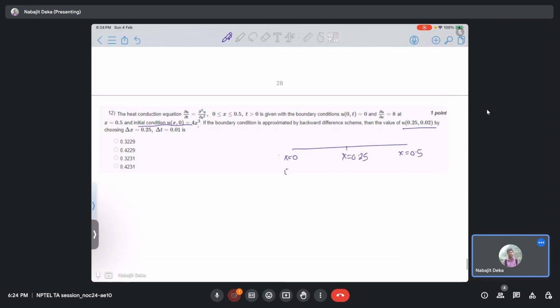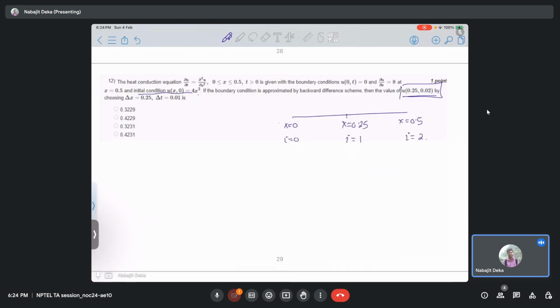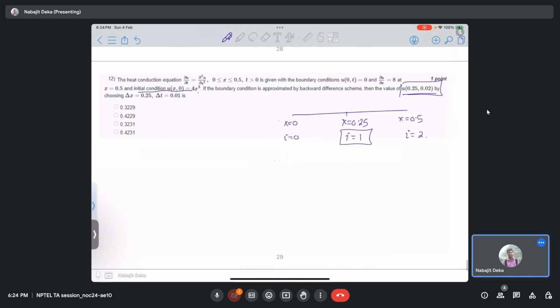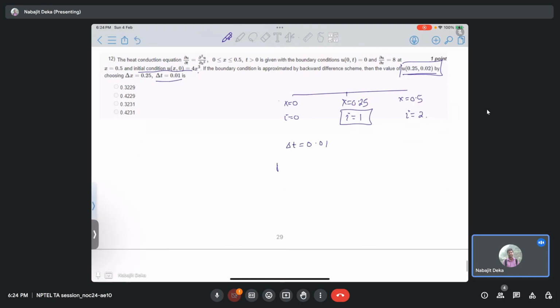So this is i equal to 0, i equal to 1, i equal to 2. So we need to find at 0.25. So this is the value that we need to find, and delta t is 0.01. So for j equal to 0, t equal to 0, j equal to 1, delta t is 0.01.